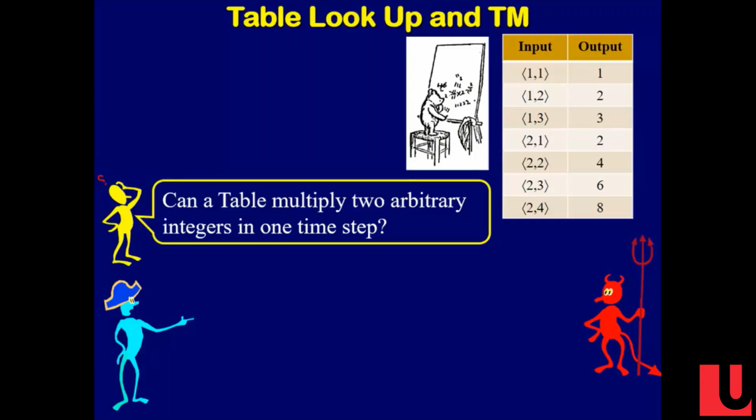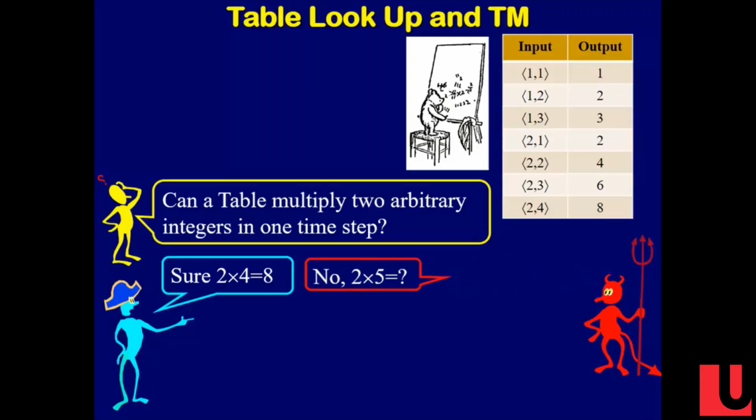Can you do that? If you haven't noticed, this is multiplication. So I'm going to say yes, sure. How do I multiply 2 by 4? I look at it in the table, it's there. But then this guy says, oh, but I can't multiply 2 by 5, it's not in the table.